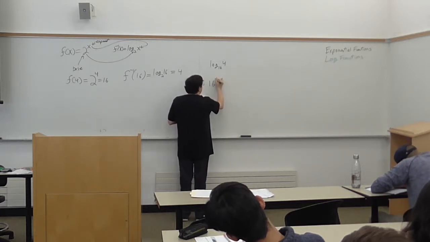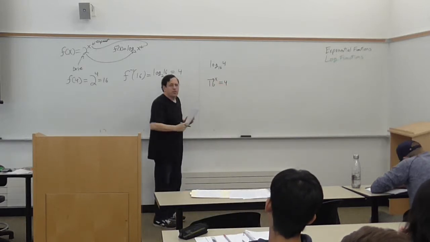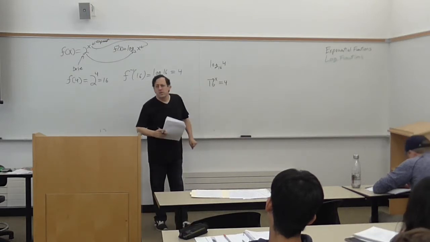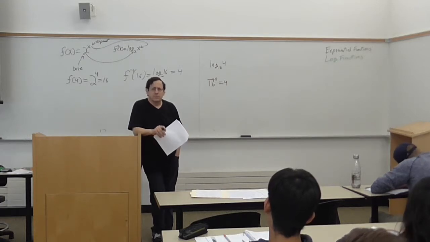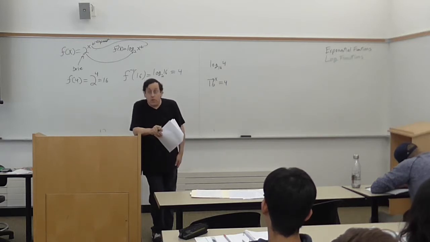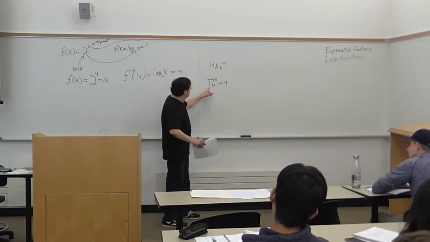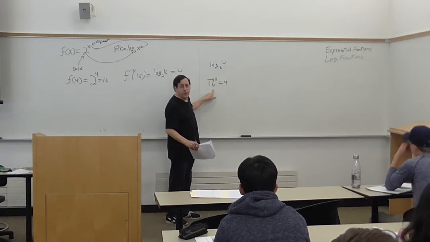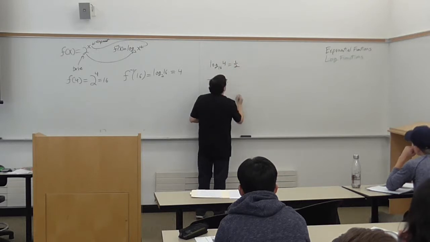If I have 16 to the x equals 4, what is x? What do I raise 16 to get 4? Okay, everybody, let that sink in. A half. Why is that a half? Well, really, I want to find the square root of 16, right? That's raising it to a half to get 4. So that's equal to a half.